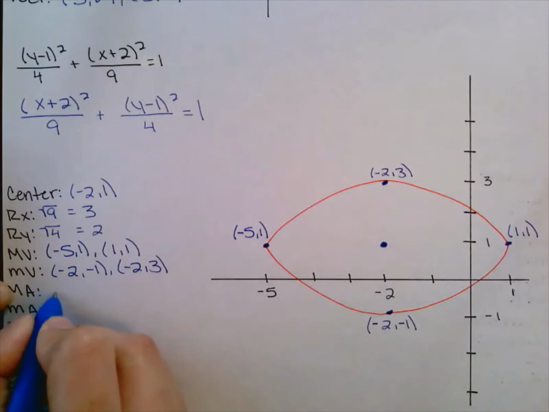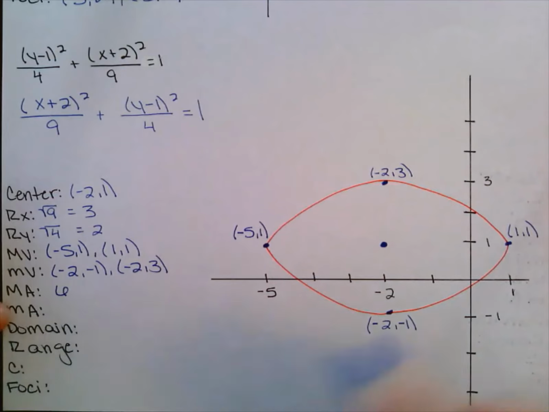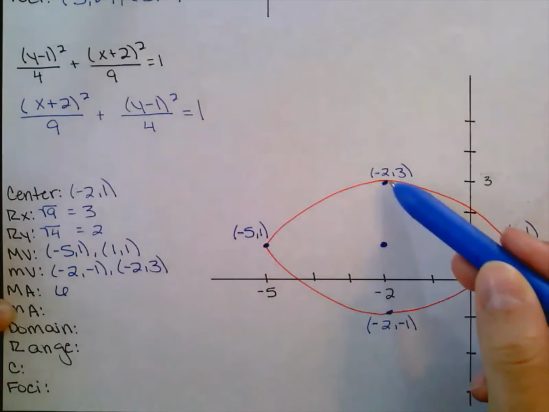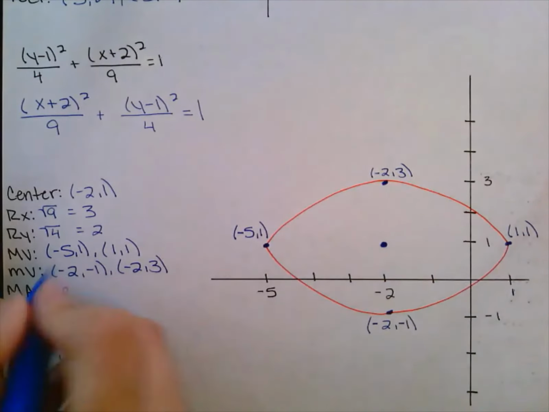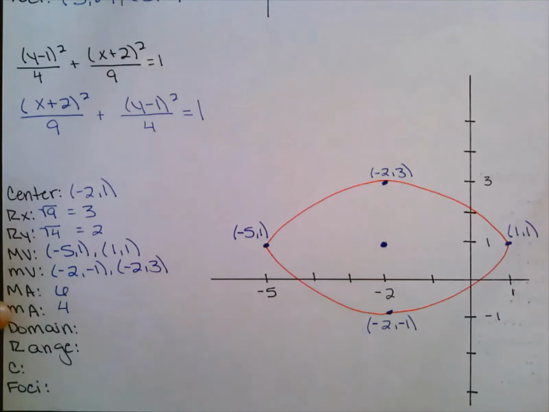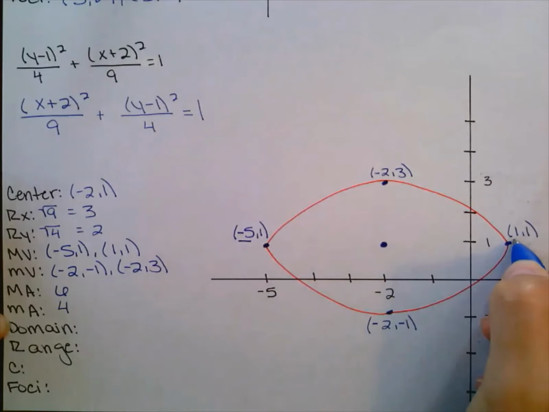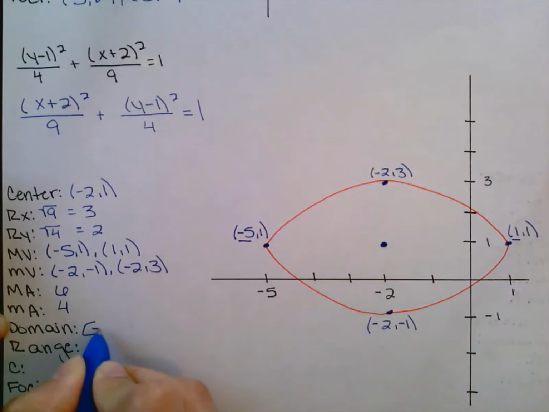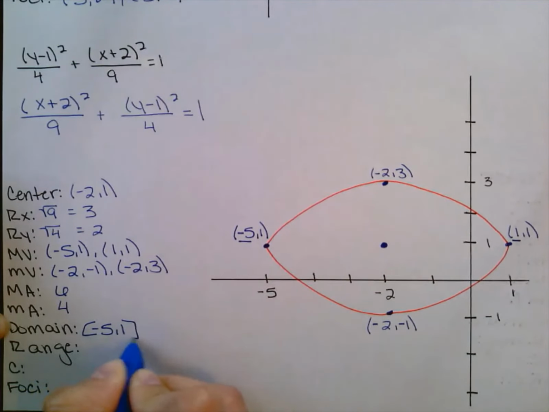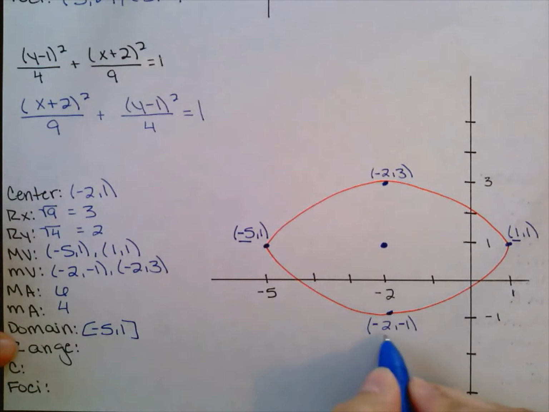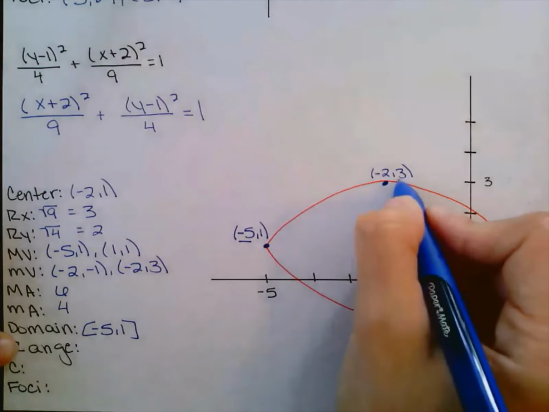So double 3 is 6. And my minor axis, my shorter, was my y's. And on my y's, I went 2 up and 2 down, which gives me a total of 4. My domain goes from -5 to +1. And my range, my lowest, goes from -1 to +3.